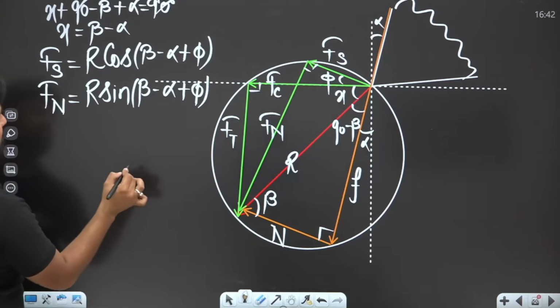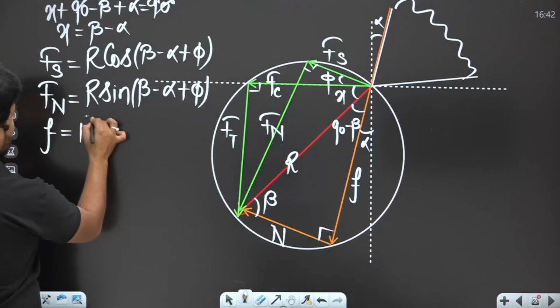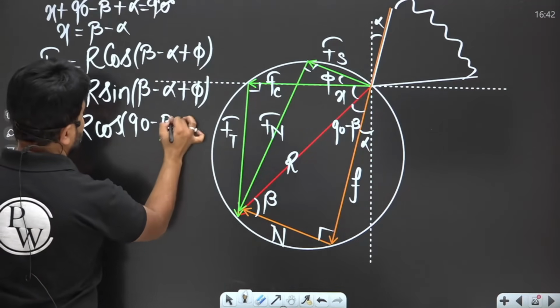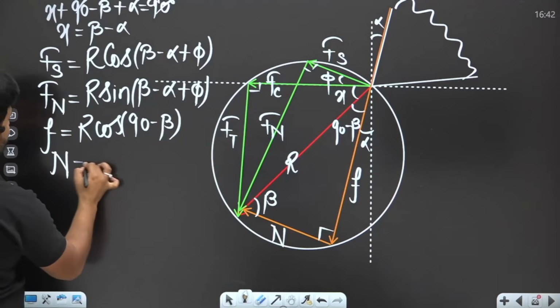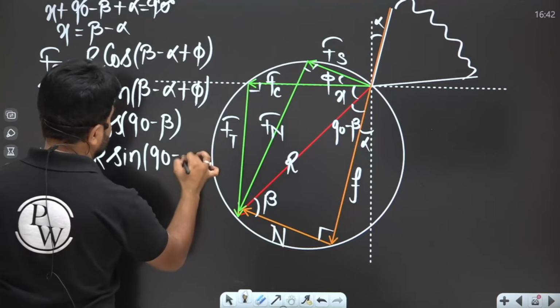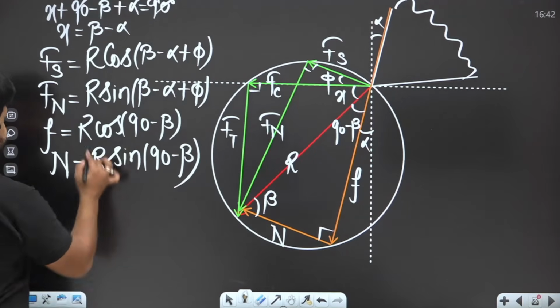Now the friction force equals R cos 90 minus beta, right? What is the value of normal? That is R sine 90 minus beta.